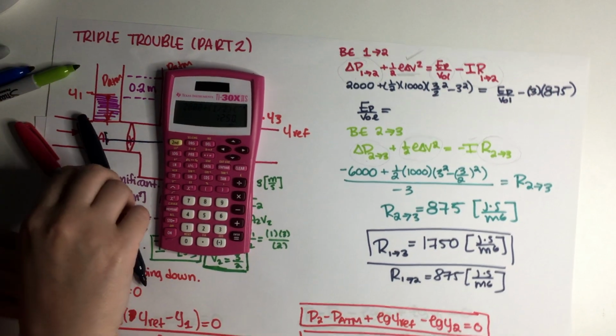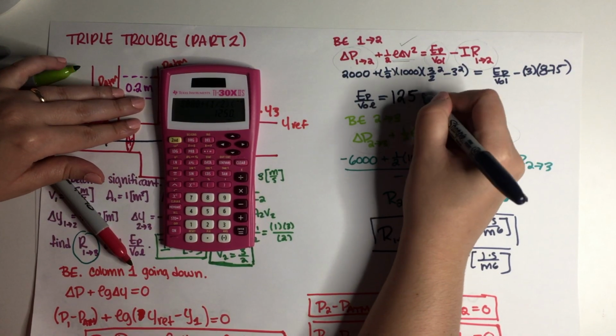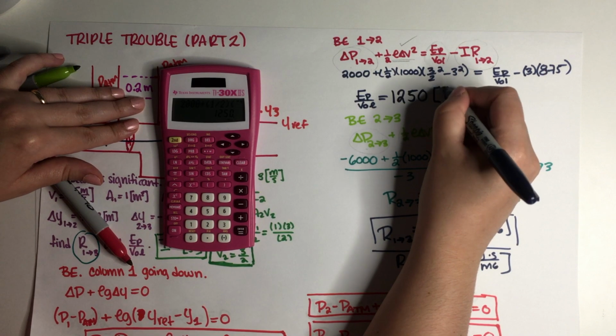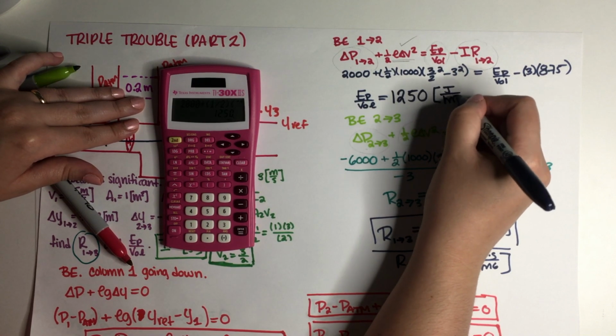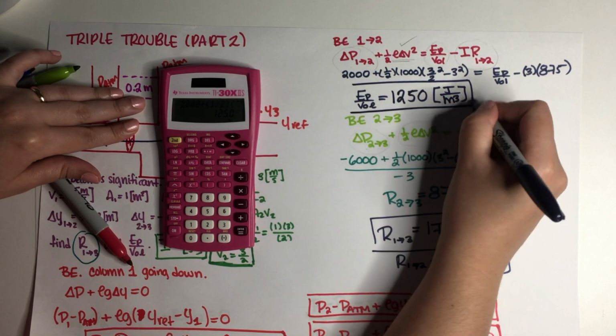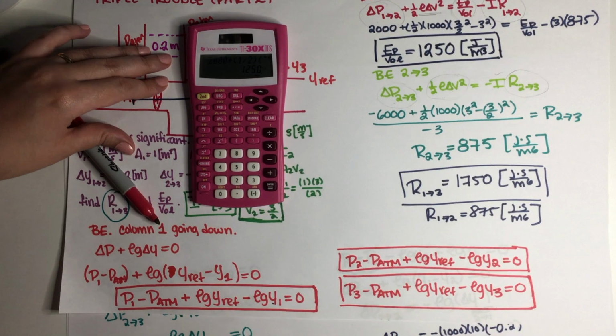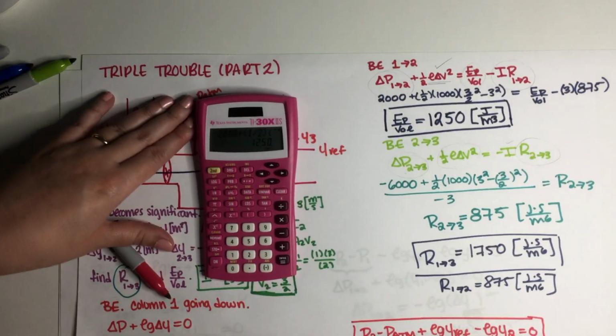There we go. So 1250 joules per meter cubed. This is our final answer, and now finally this problem is complete.